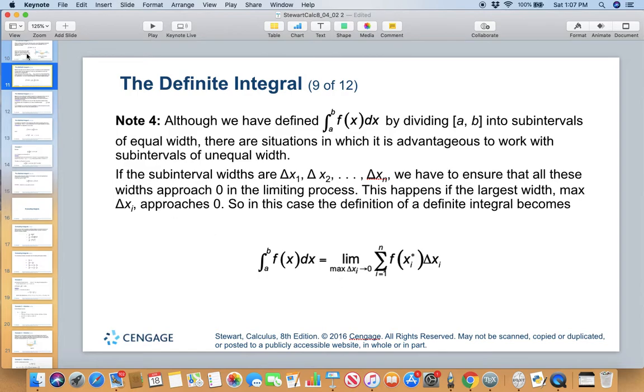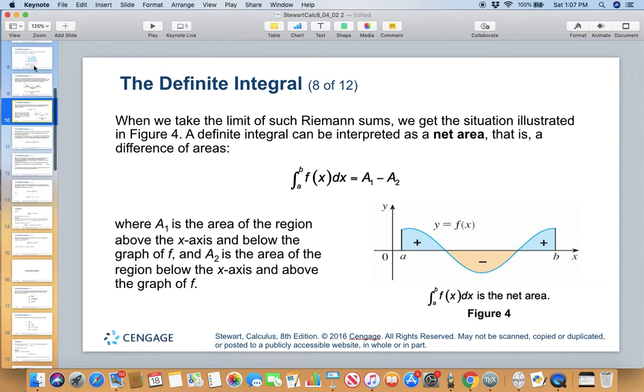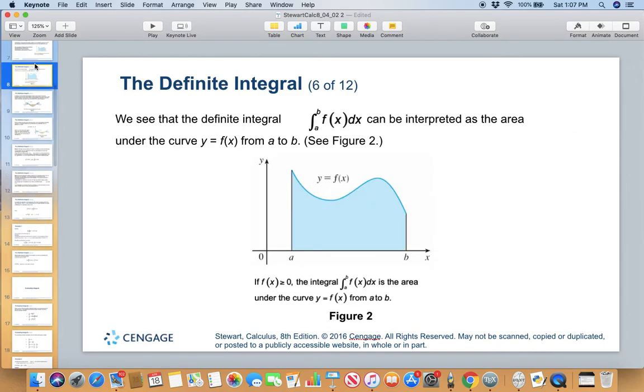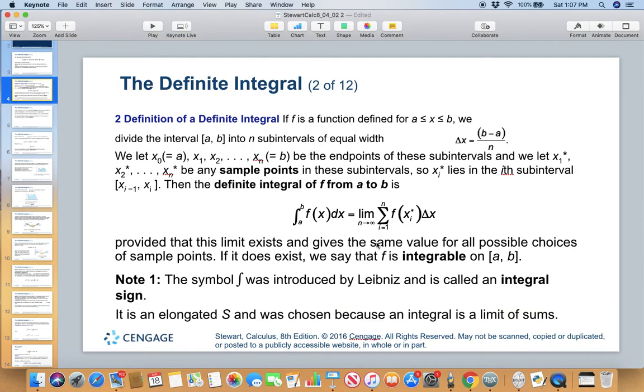Okay, let's go to the limit definition. The integral from a to b of f(x) dx is the limit as n approaches infinity of the sum from i going from 1 to n of f(xi*) delta x.